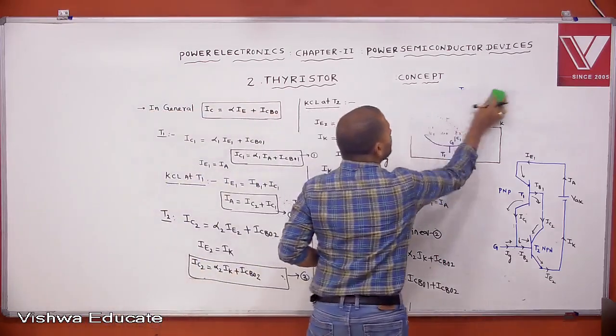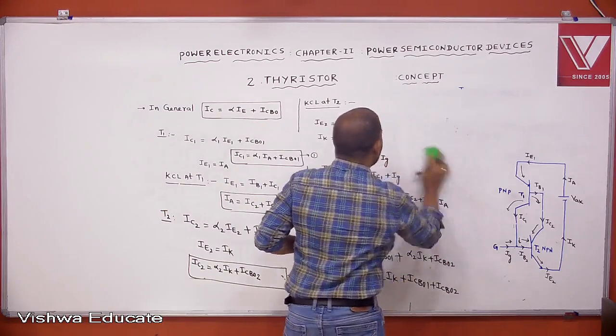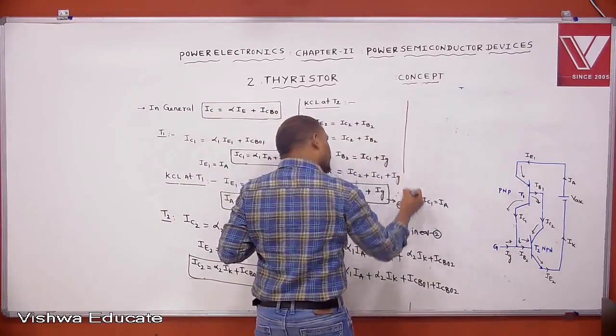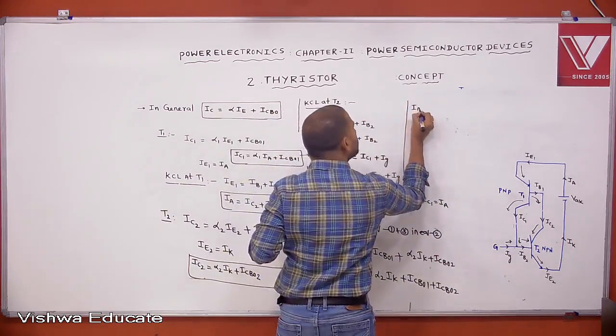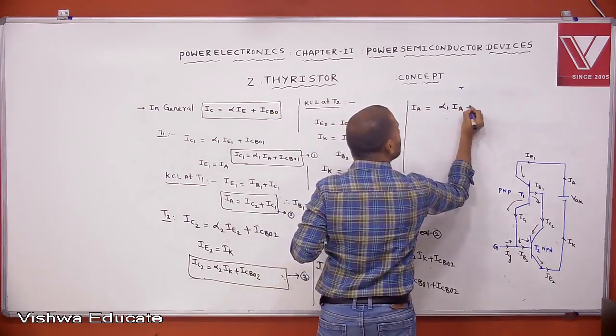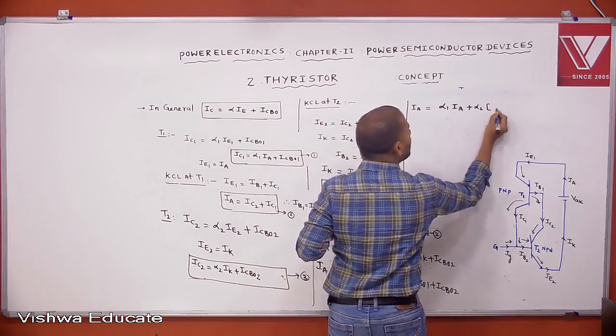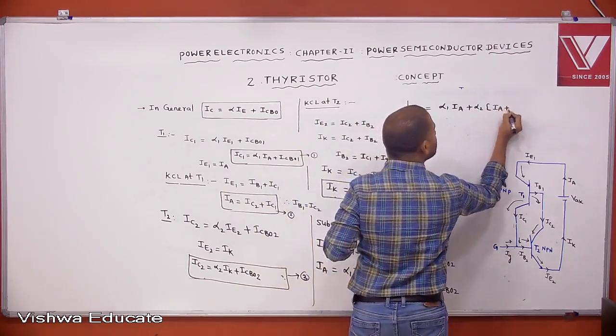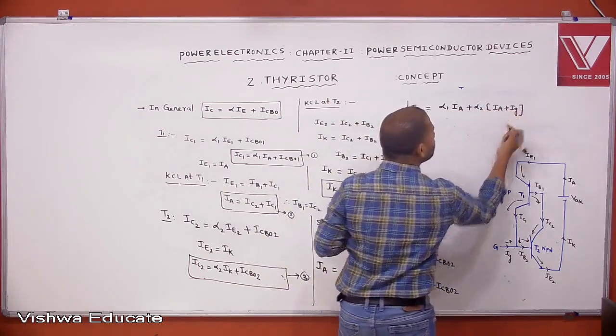Now tell me, what is the expression for IA? IA equals alpha 1 IA plus alpha 2 IK. What is IK? IA plus IG.